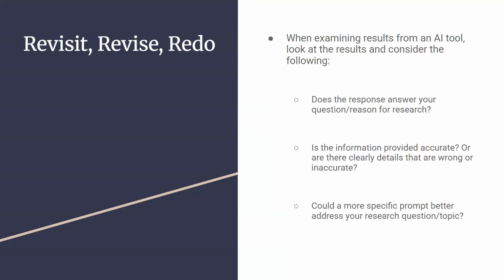You know, specifying what type of resources you wanted to consult, telling it a specific time period that you wanted to analyze, like looking at particular subject areas or sub-subjects within the subject that you're interested in researching. These are all ways you can think about, like, maybe I can redo my prompt, maybe I can make it look better. Redoing your prompt is not always a bad thing. Sometimes it becomes necessary to get the results that you need.